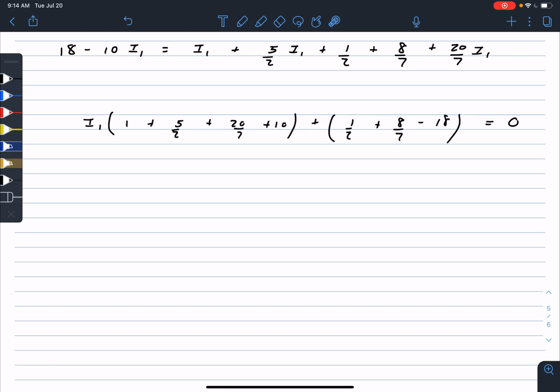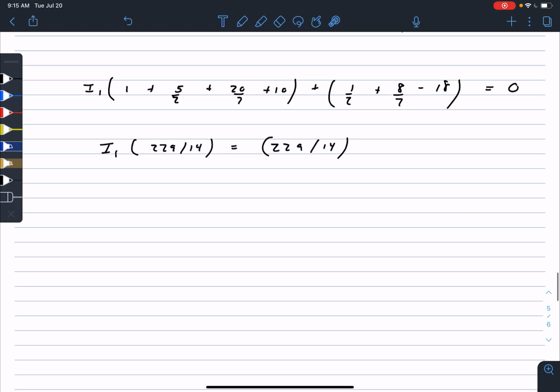And so then if you just plug this into a calculator, I mean, we could do this by hand, but why take the time to do that when you could just put it in Wolfram or something? I did both ways, by the way, and you end up with the same answer on both sides. So what you would do is take this to the other side. And so you end up with I1 is equal to 1 amp.